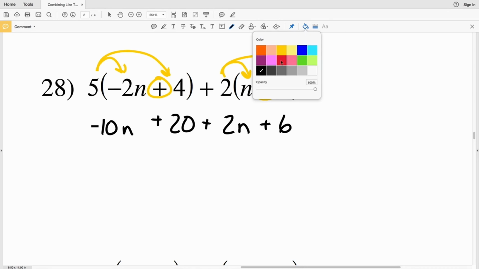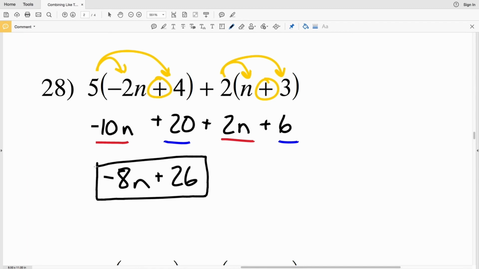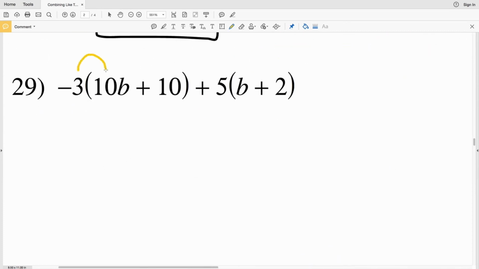Now we can combine like terms. Negative 10n can be combined with 2n, and 20 can be combined with 6. Negative 10n plus 2n is negative 8n, plus 20 plus 6 is 26. Negative 8n plus 26.